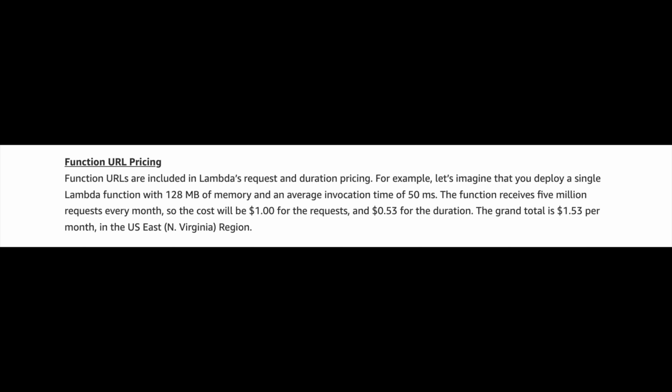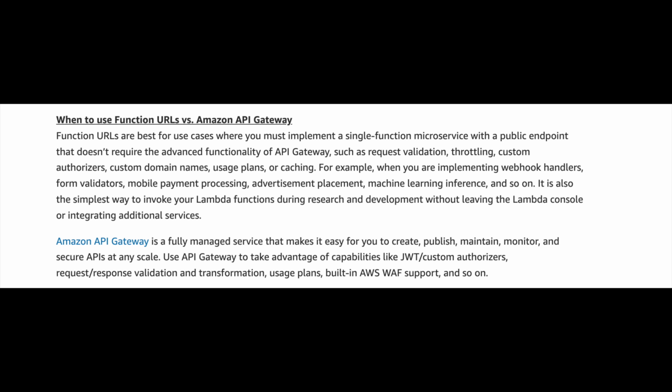Now there is another question, which is when to use function URL versus Amazon API Gateway, because Amazon API Gateway is also one of the ways you can bind your Lambda function to HTTP calls.